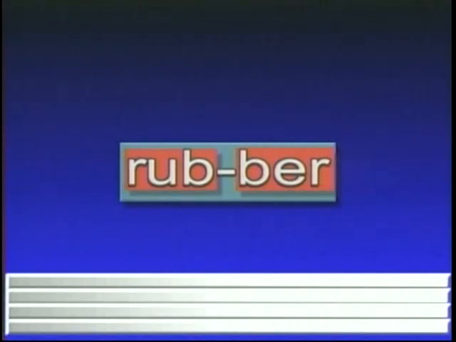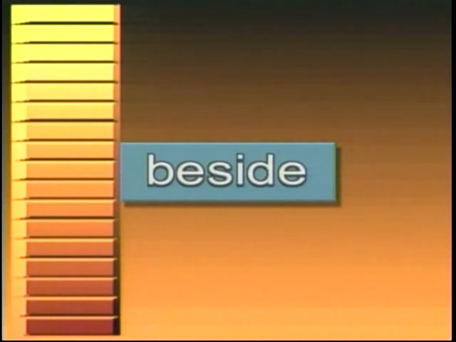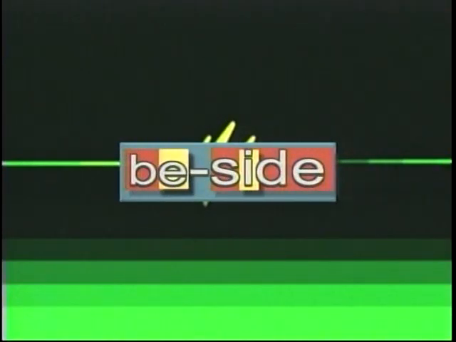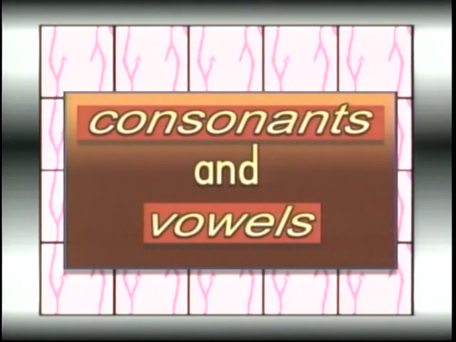The word rubber has 2 syllables. Look at another word, beside. This word also has 2 syllables, be and side. Having the word split into 2 syllables, we see that the first syllable is an open syllable, so E says its long sound. The I in the second syllable, side, also says its own name, or its long sound, because of the silent E.